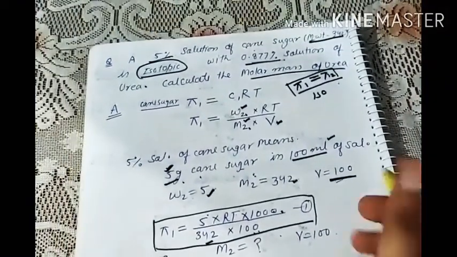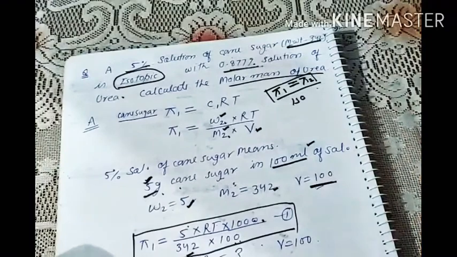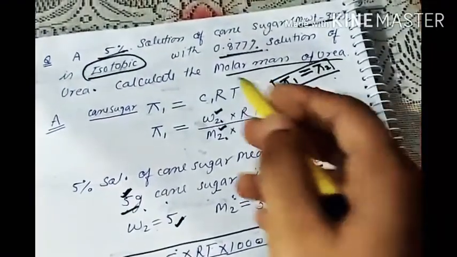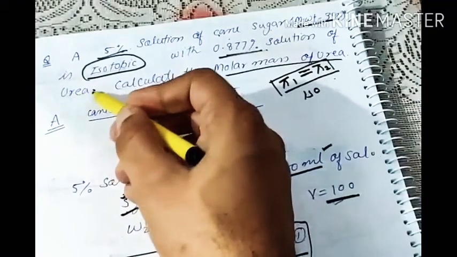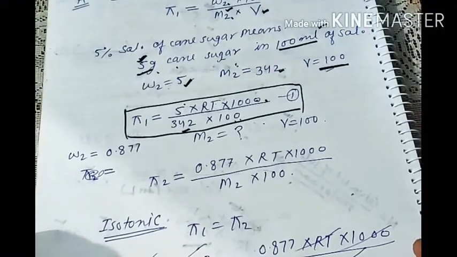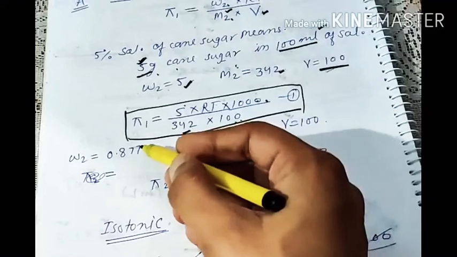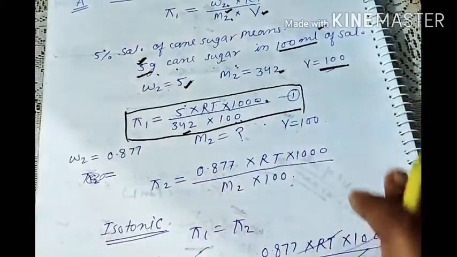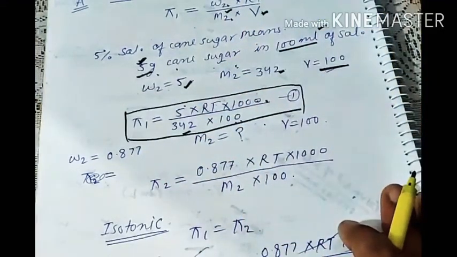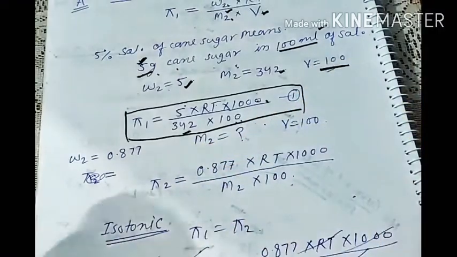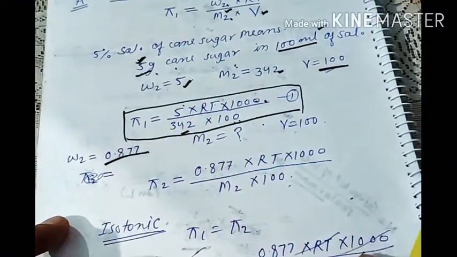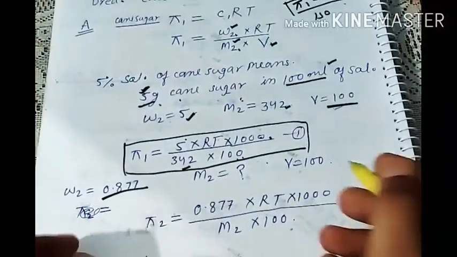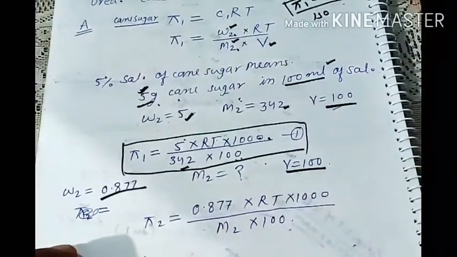अब next case is what? It is given 0.877% solution of the urea, okay, so it means क्या हुआ? 0.877% solution of urea means the mass of the urea, again I have told you so many times, the mass of the urea becomes what? 0.877, and the volume of solution will become what? 100 milliliter.